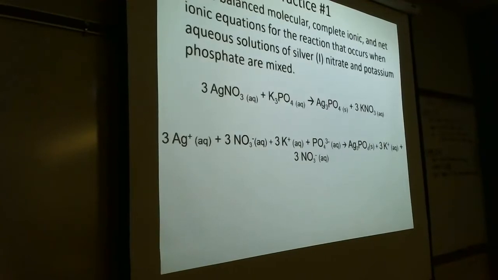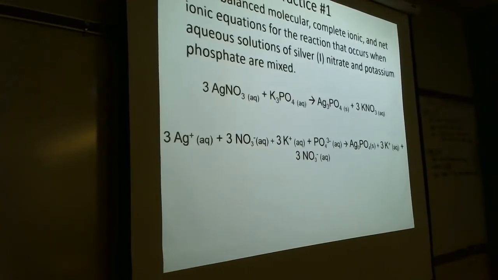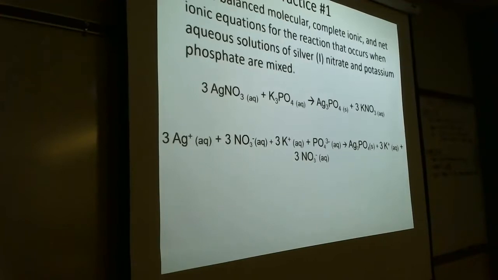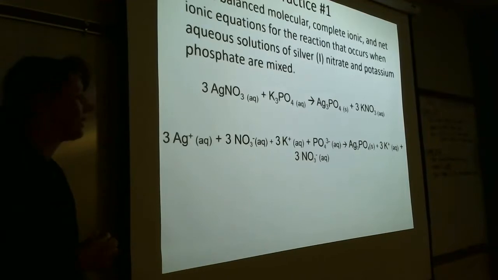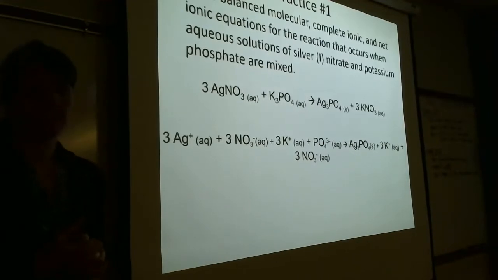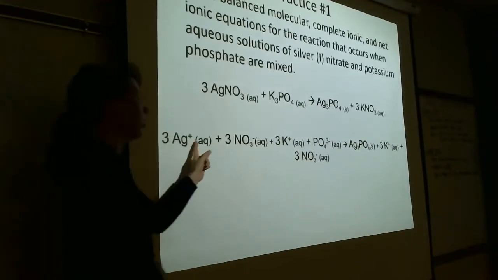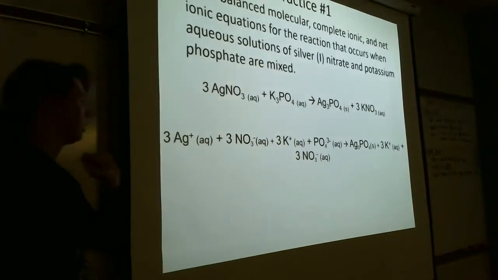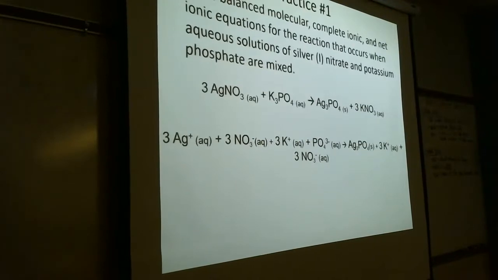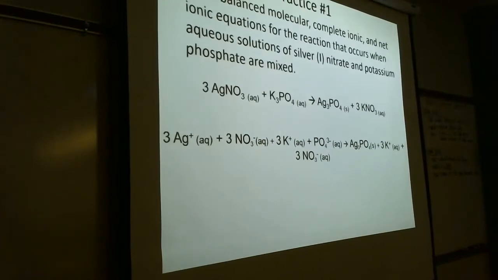Remember never to split apart a polyatomic ion, right? And remember to leave your precipitate alone. All the other substances are going to have AQ as the subscript. And also, if you omit the charges, is that okay? No, that's not okay. Okay, so make sure that you've got those charges in there. Do we agree on the complete ionic equation?